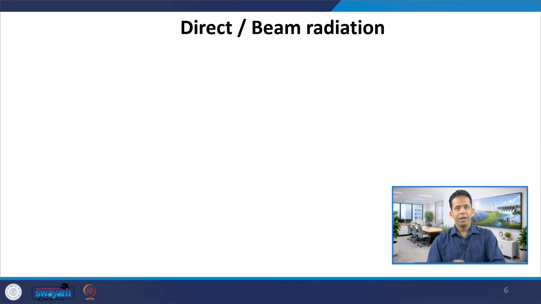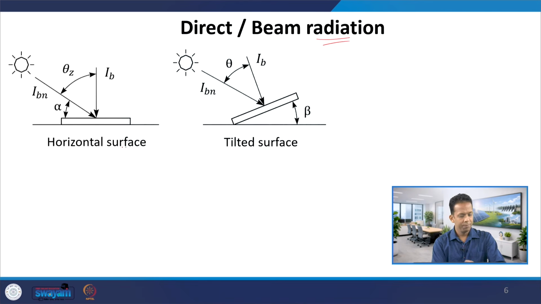Now, looking at direct and beam radiation: how does it vary on different surfaces? Let us consider first a horizontal surface. This is our surface, and that is the position of the sun, and what we are getting from the sun is the normal radiation, that is IBN. What is received on the surface is the beam radiation.